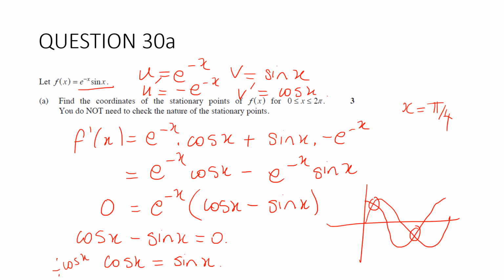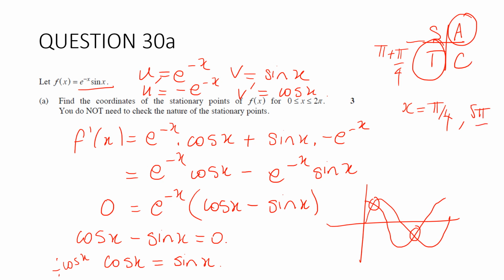And when's the other one? All stations to central. When do sine and cos have the same sign? Here, obviously, that's a pi on 4, and here they're both negative. So that one there is going to be pi plus pi on 4, which is 5 pi on 4. Now, what do we want to know? The coordinates of the stationary points, so we're not quite finished.